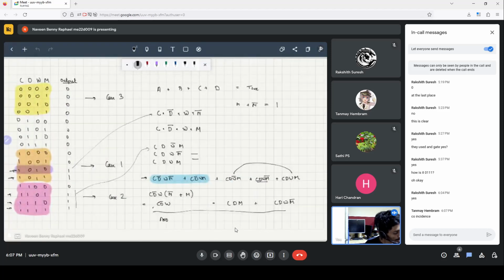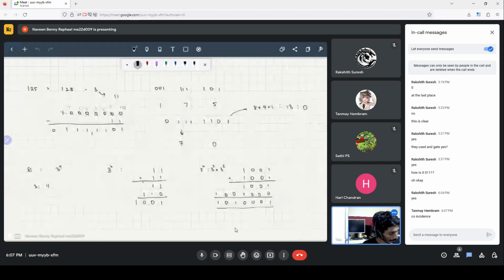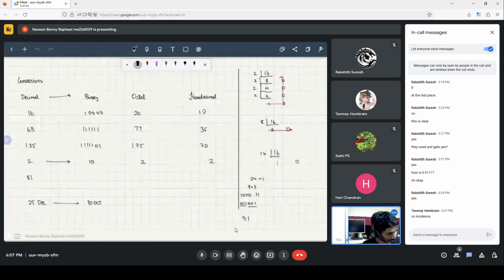Okay, in addition to doing boolean operators on boolean variables, we can actually do boolean operators on numbers themselves, because we know that every number has a binary representation.